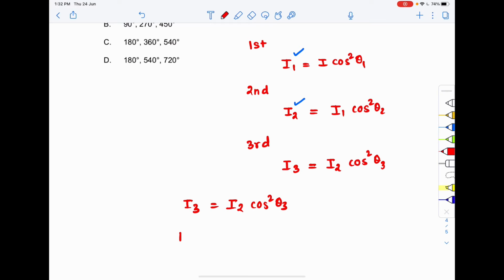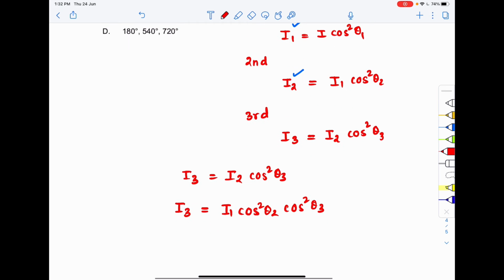So I can also write I3 is equal to, what is I2? I2 is I1 cos²θ2, so cos²θ2 into cos²θ3. And what is I1? I1 is I cos²θ1.